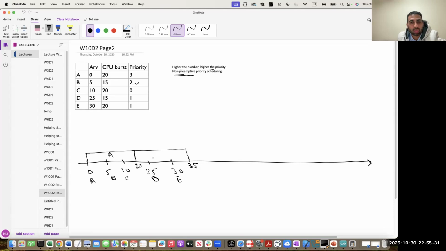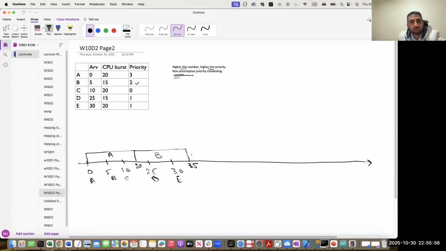In the meantime, at 25 and at 30, D and E become ready. But first, we are using the non-preemptive variant, and second, they also have lower priority, so we don't care. Now at 35, we need to decide again who will run.